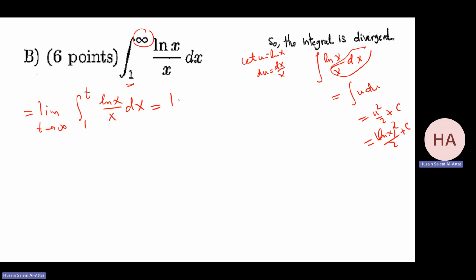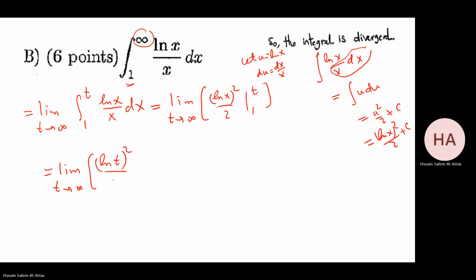So this integral will be limit as t goes to infinity of (ln x) squared over 2 from 1 to t. That will be limit as t goes to infinity of (ln t) squared over 2 minus ln 1, which is 0. I know if t goes to infinity, then ln t will go to infinity. So this goes to infinity. So it diverges.